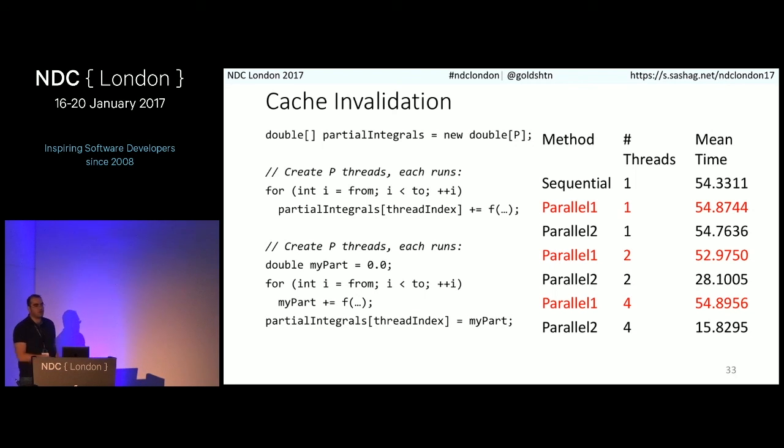This thing is causing lots and lots of cache invalidations, whereas this version is not. So this is a pretty known phenomenon, but you keep running into this in a lot of different areas. It's really hard to predict at times which things are going to be adjacent in memory, so which patterns of use could end up colliding on the same cache location and cause this performance problem for you.